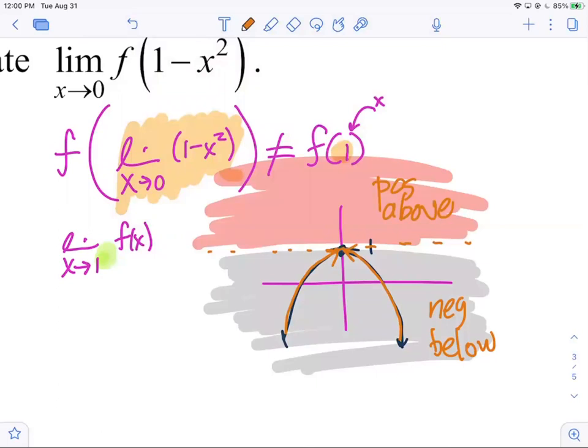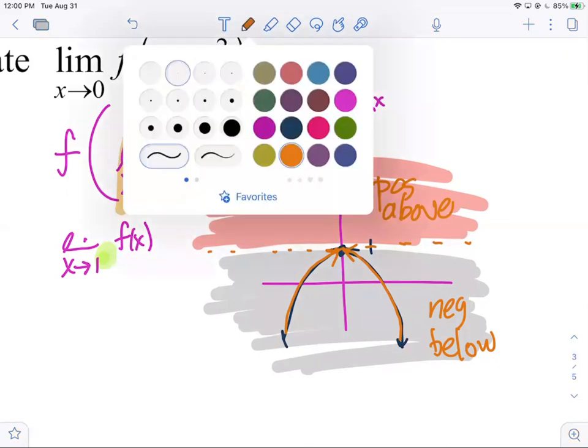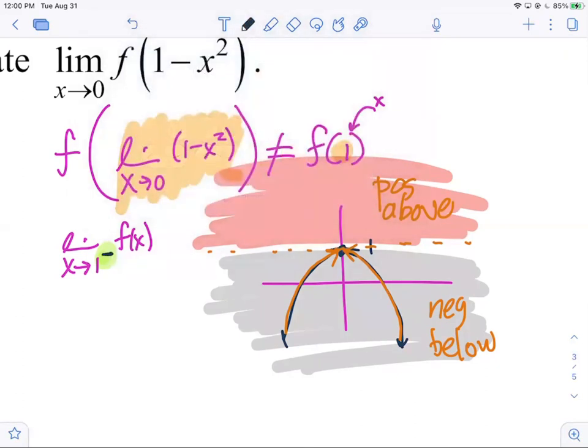And on this graph, from both sides, we're approaching 1 from the negative direction, okay? So, as Mason said, when we approach 1, we now have to approach from the negative side.